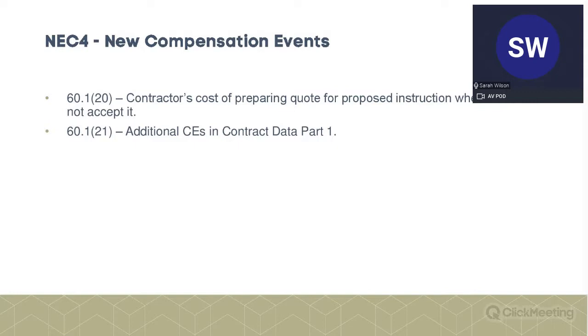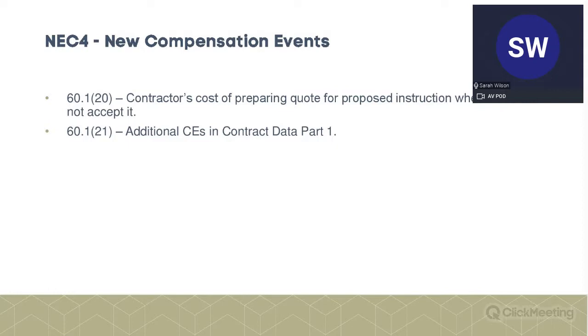So this new compensation event, I always get this muddled up. It only applies where it's a proposed instruction from the PM and the PM doesn't accept it, doesn't go ahead with it. There's also a new 60.121, and this is additional CEs in the contract data part 1. So please, watch out for those. I think it's unlikely that there would be any, unless it's actually limiting the existing CEs.